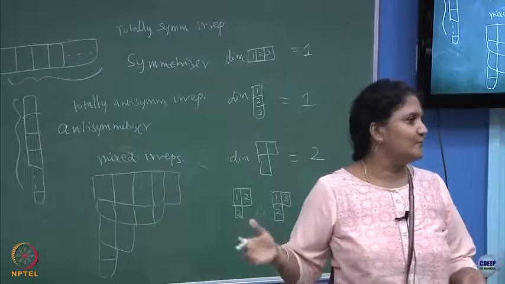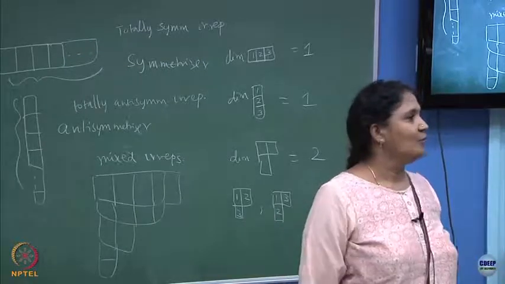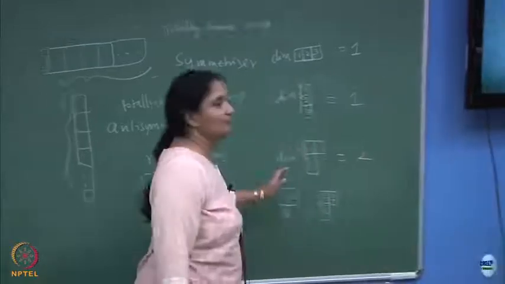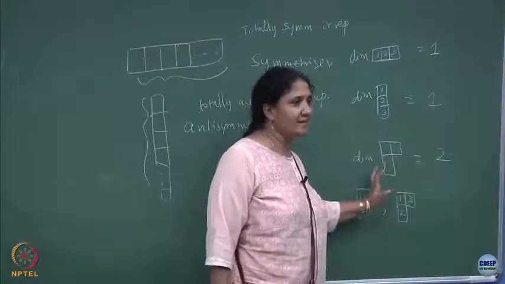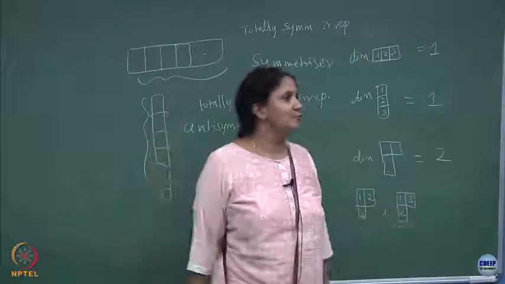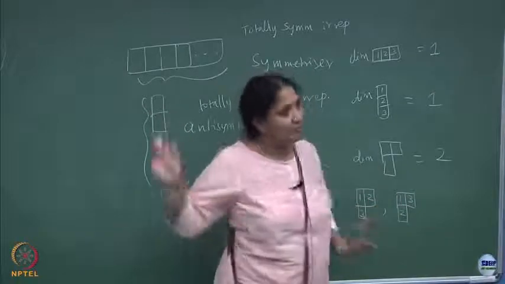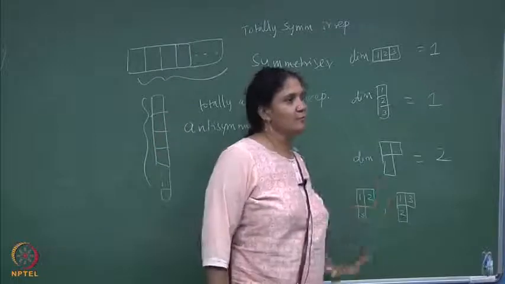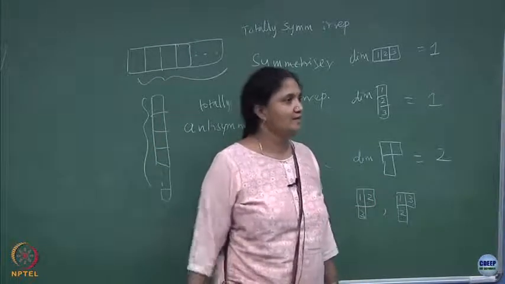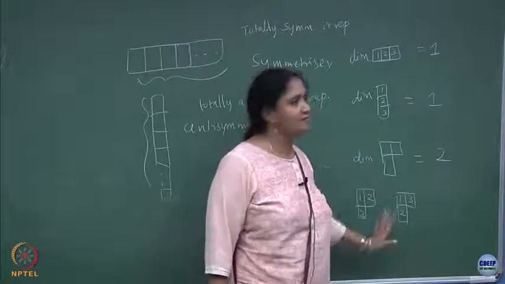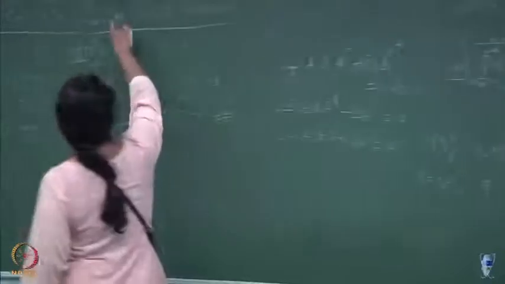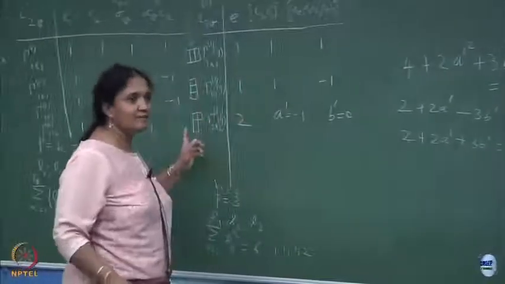Similarly, there is also an expression for how to determine the dimensions of the irrep for the permutation or symmetric groups of degree 3 or more, degree n also. There is a formula which I am going to show, and then I will explain it. Okay, but this is the motivation.